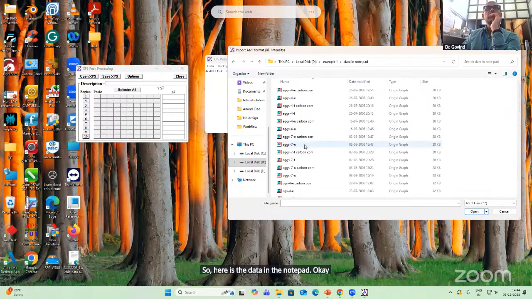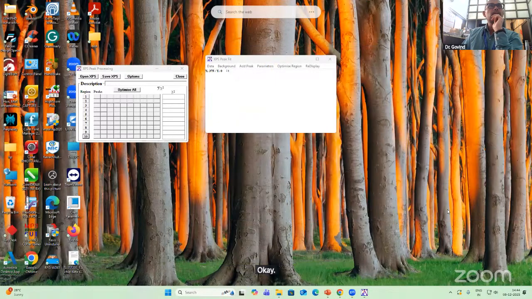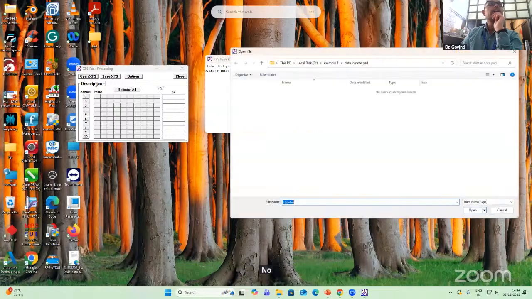What I will do is open one sample, which is the unexposed sample, AG carbon unexposed. Open. Okay, there is a problem reading the data. No problem. I will open the XPS file.